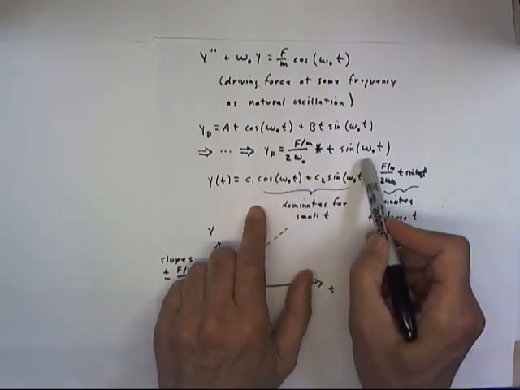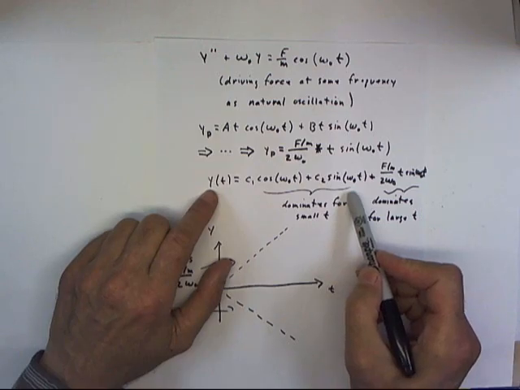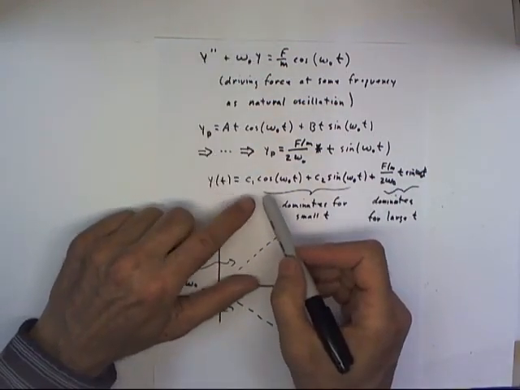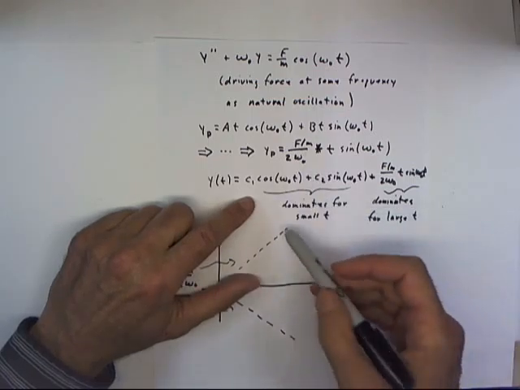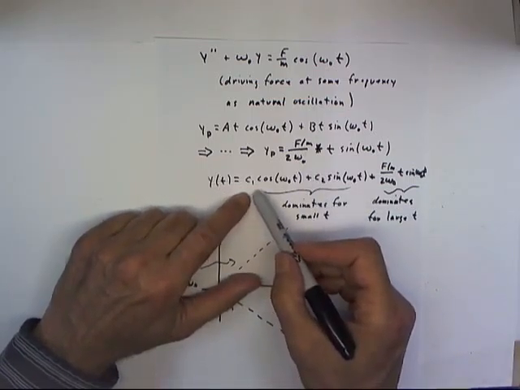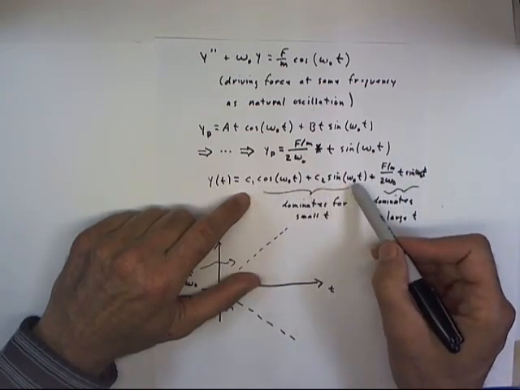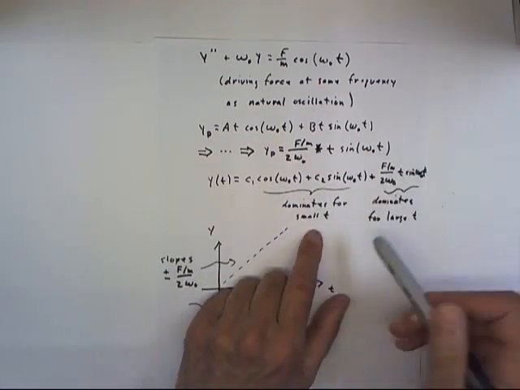Now, this particular solution leads us to the general solution where, as we should be very much accustomed, the characteristic solution is just C1 cosine omega naught t plus C2 sine omega naught t.